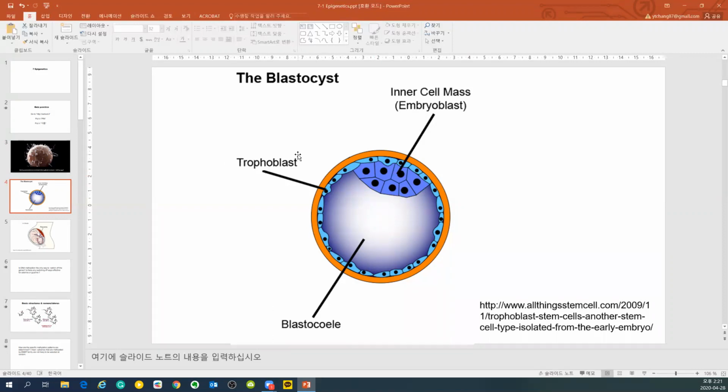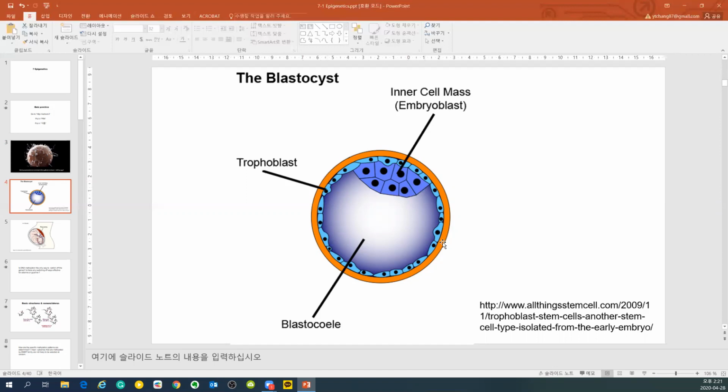To make a full baby, we need both. This inner cell mass makes embryonic stem cells. Okay, these cells can make every organ in our body, every cell type. That's why we call this embryonic stem cell pluripotent, but it is not totipotent.